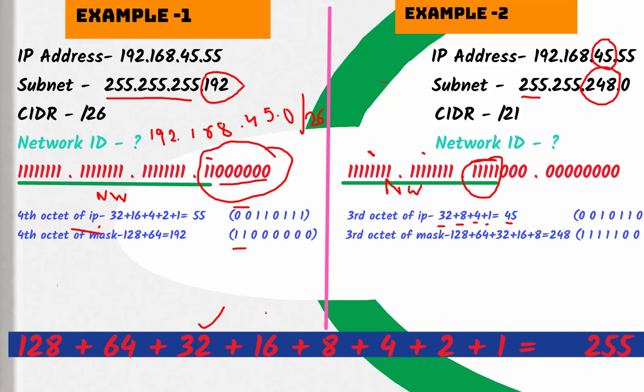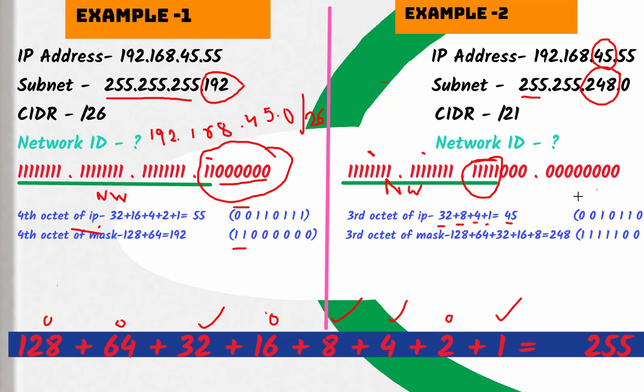So 32 means this one, right? So the first one is 0, the second one is 0, the third one is 1, then 16 is 0, then 8 is 1, then 4 is 1, 2 is 0, then 1, so 0 0 1 0 1 1 0 1. Okay, now for 248 it is 1 1 1 1 1 0 0 0, we know that one, right?